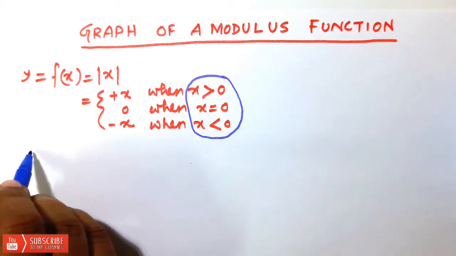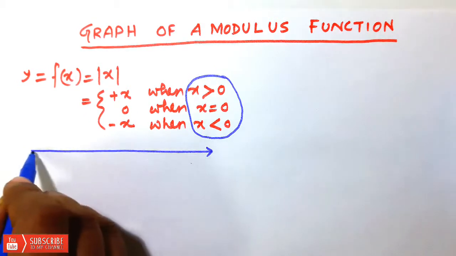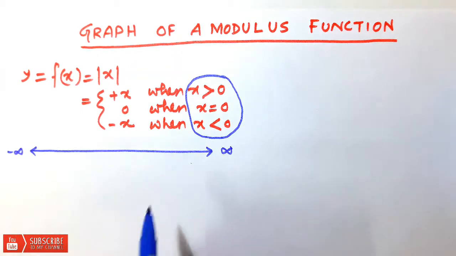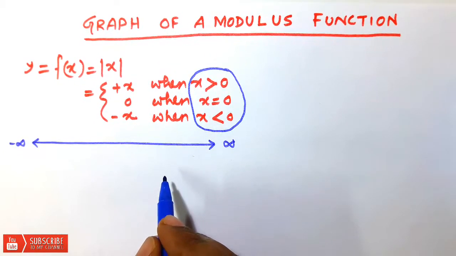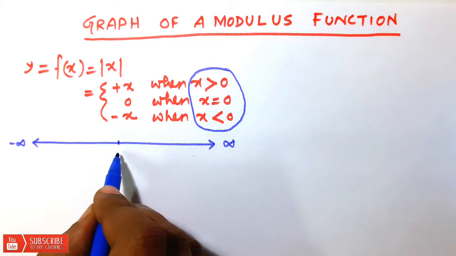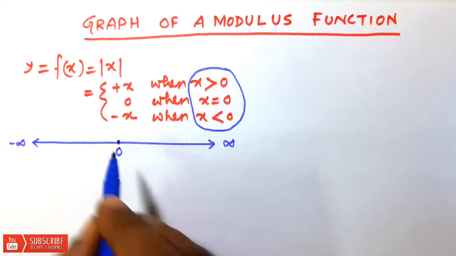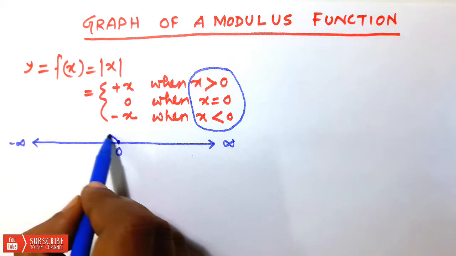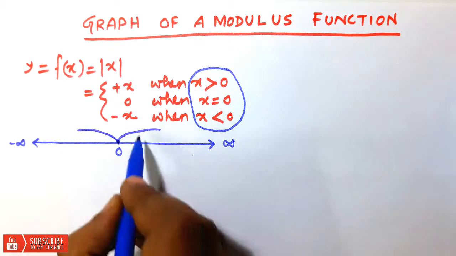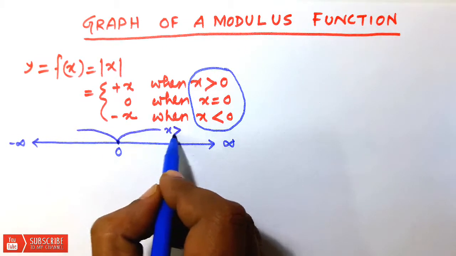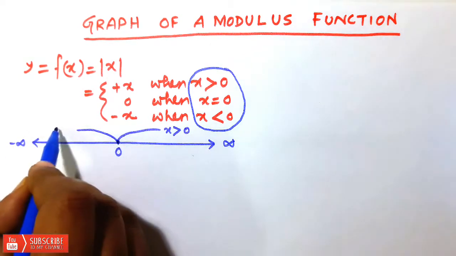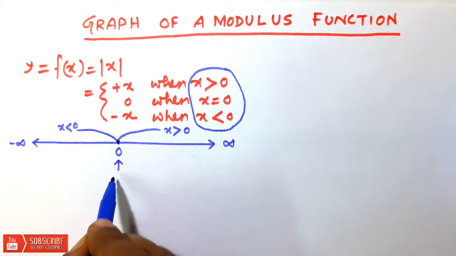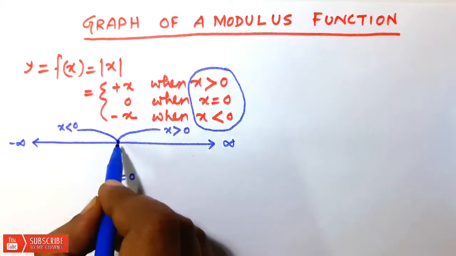We draw a real line, from minus infinity to plus infinity. Let us consider that this is the point x is equal to 0. So we get two other zones: this one is for x greater than 0 and that one is for x less than 0, and this point is x equal to 0.